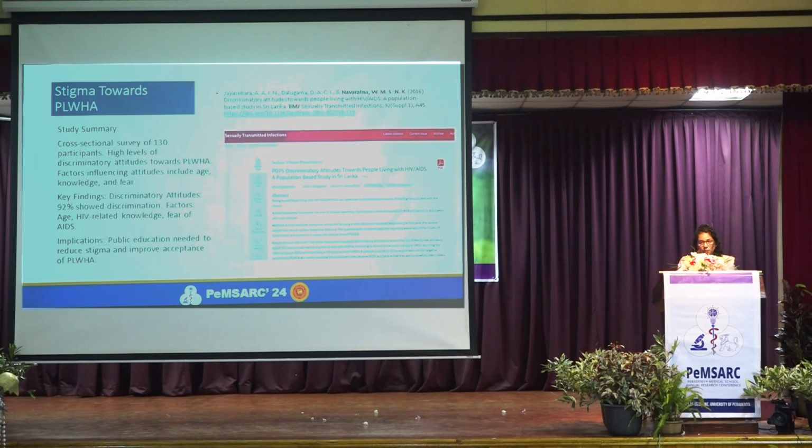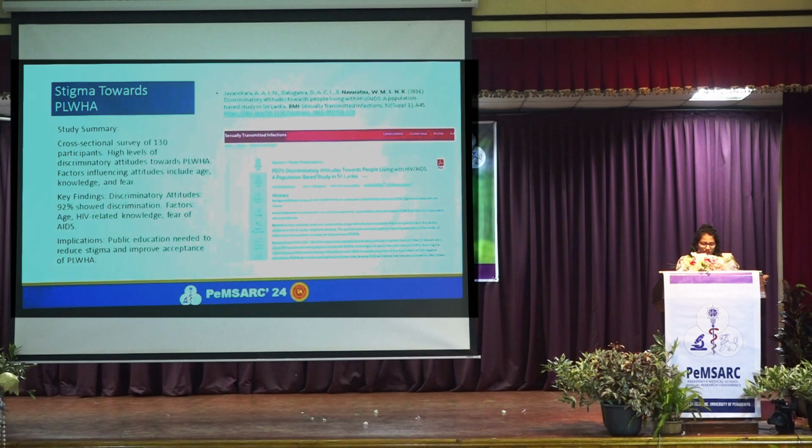This is the general population's attitudes, right? They were affected by age. Age is the factor that affected their attitudes, along with HIV-related knowledge and fear of AIDS. So the implication: public education is needed to reduce stigma and to improve acceptance of people living with HIV and AIDS.